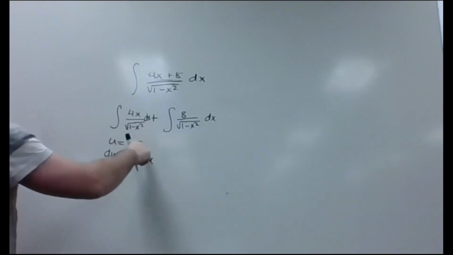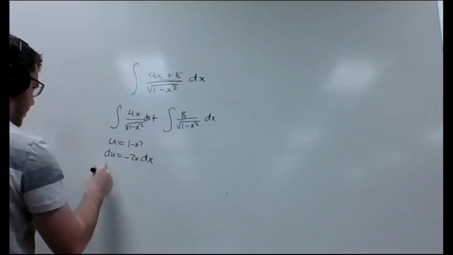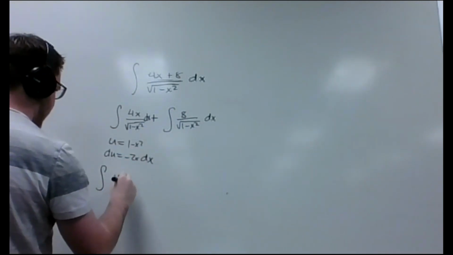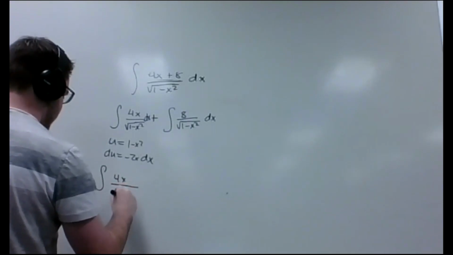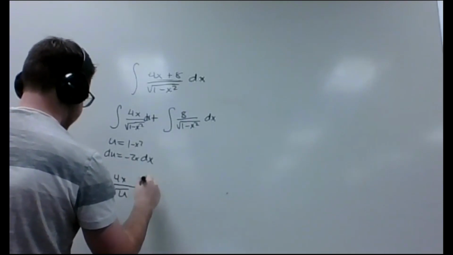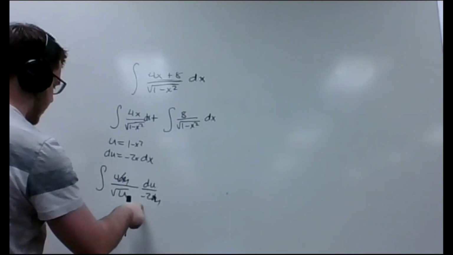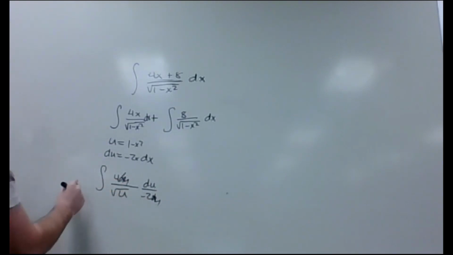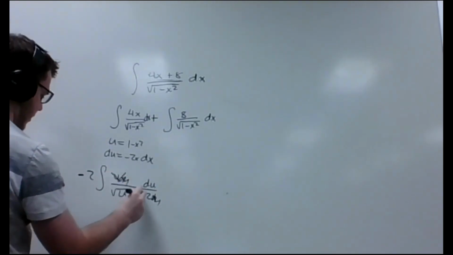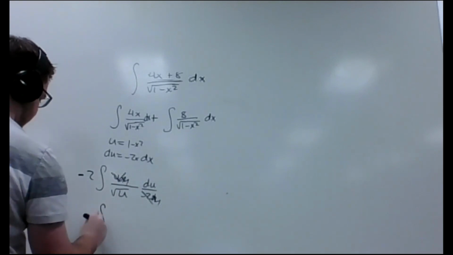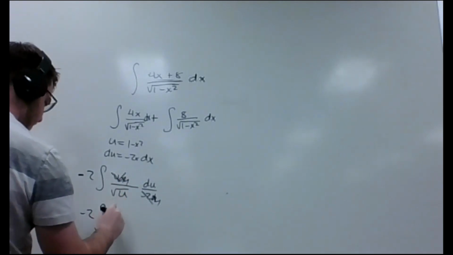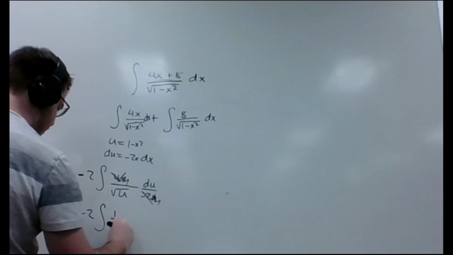Then we can replace this dx, so we have 4x over u times du over negative 2x. And these x's will cancel out, or we can take this negative 4 halves, or negative 2, out of our equation. So we have negative 2 times 1 over the square root of u du.